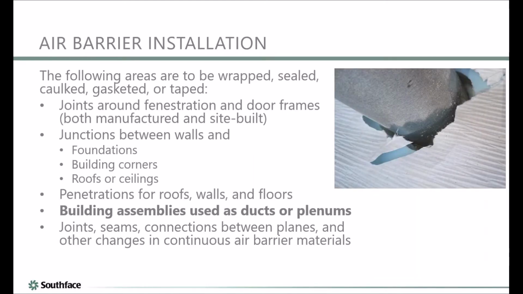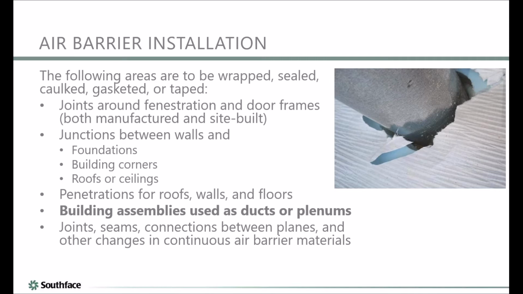So air barrier and insulation has to be wrapped, sealed, caulked, gasketed, or taped. That includes doors, door frames, junctions between walls and roofs, foundations, building corners. Anywhere there's a connection, a floor and a wall, or a wall and a roof, anywhere there are these connections or penetrations.